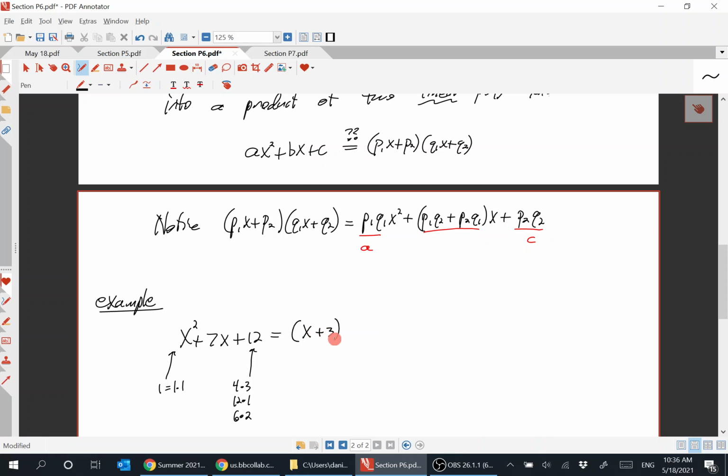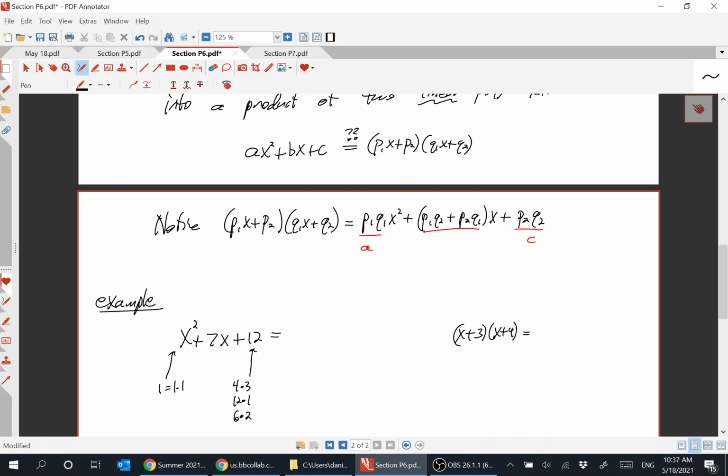So x plus 3, x plus 4. And the question is, does this work? So before we say it's equal, let's check it. Okay, let's check it and see what it is.